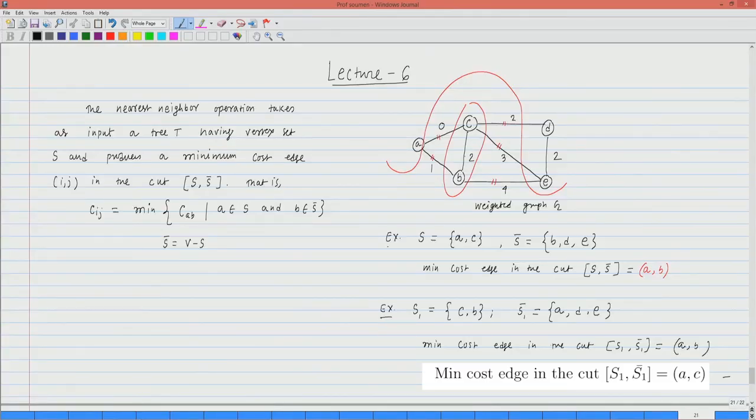Well, so now we know what you mean by the minimum cost edge in the cut S, S complement.